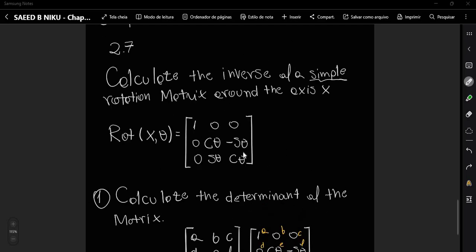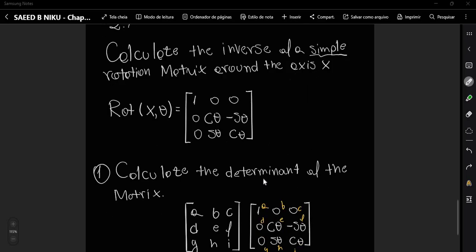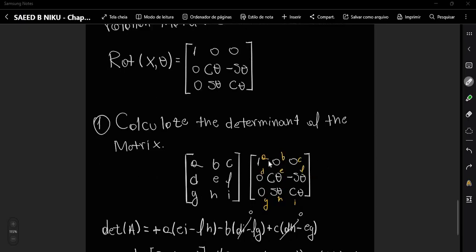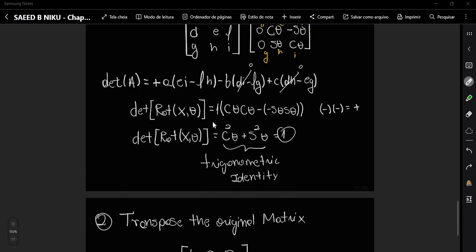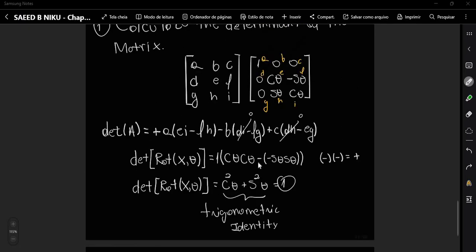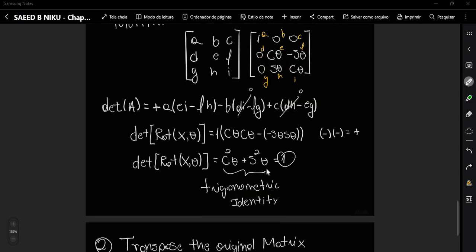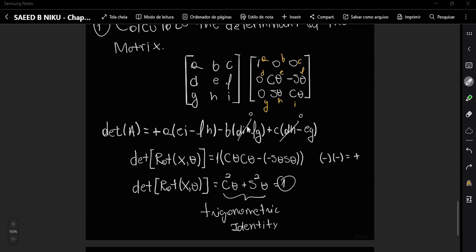On the last video, we saw this example, how to calculate the inverse of a rotation matrix. We calculated the determinant, and I said we are focusing on the robotics context, so we did a quick revision, and I passed this algorithm to you. But you can see this by yourself, and I think it's very quick to revise this part of matrices.